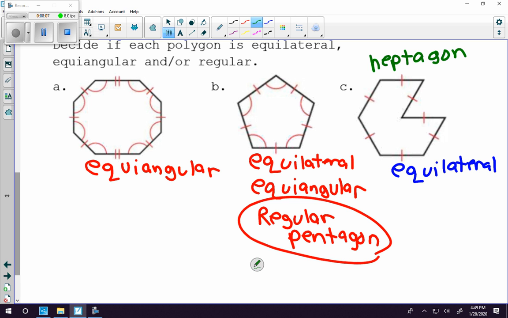It's not equiangular, and because it's not both, it's definitely not regular. And part A, I'm sorry, that was classified as an octagon that was equiangular, but not equilateral. Okay, flipping over.